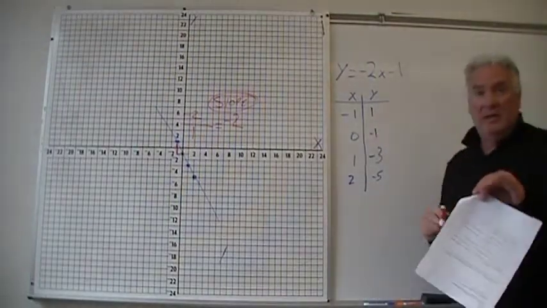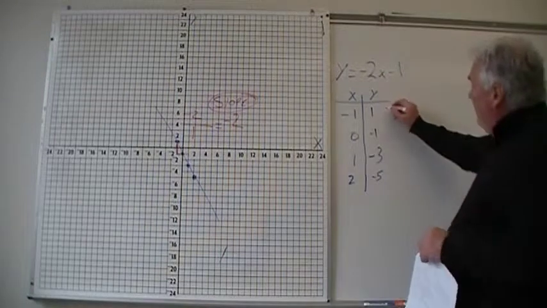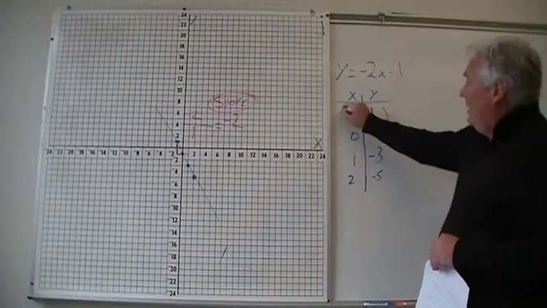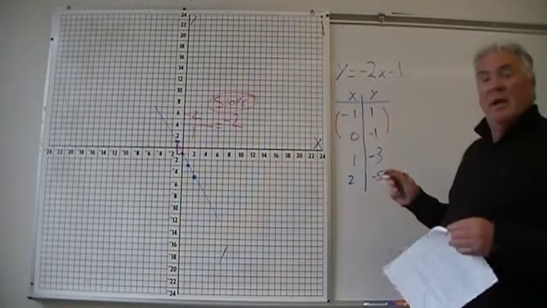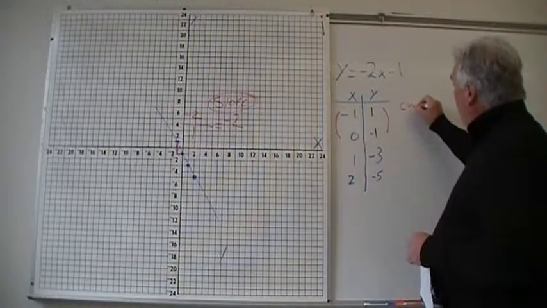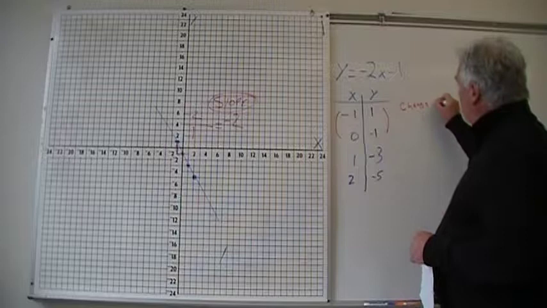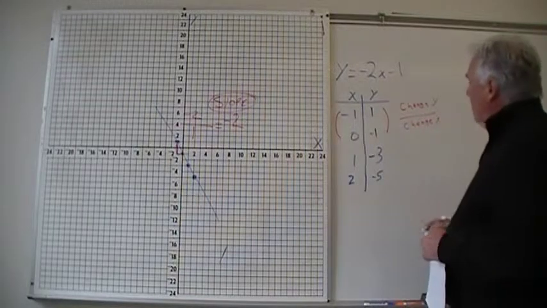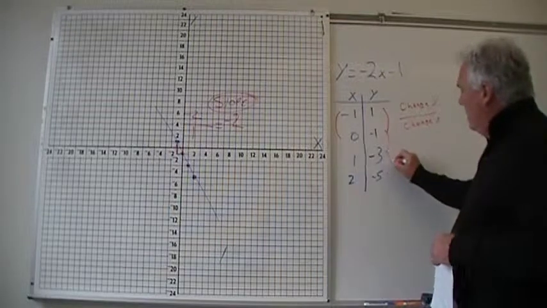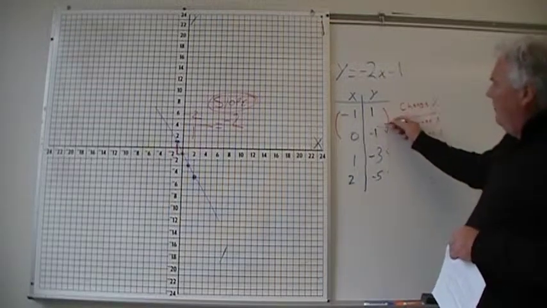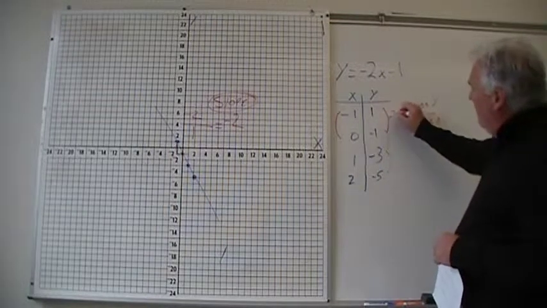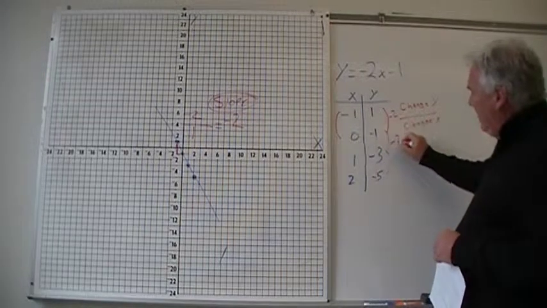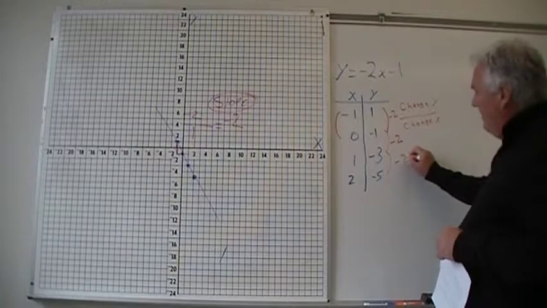We also talked about in our last video that we could go from here to here and then here to here and do change in y over change in x. How did I get from -1 to -1? -2. -1 to -3, -2. Here to here, -2.